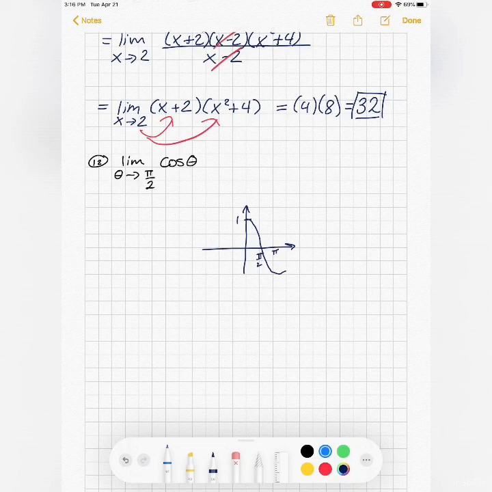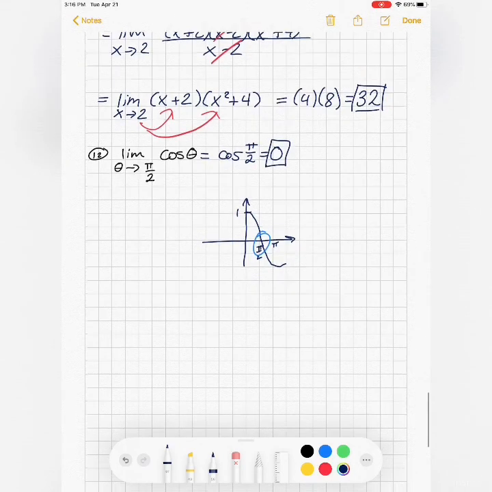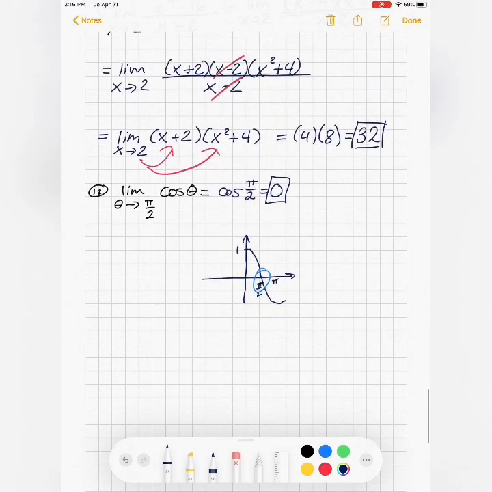Looks like this, doesn't it? So isn't this function continuous at pi over 2? In other words, can't I just plug pi over 2 in? Isn't cosine of pi over 2 just 0? So that one's really easy.